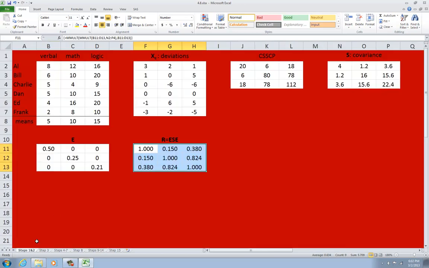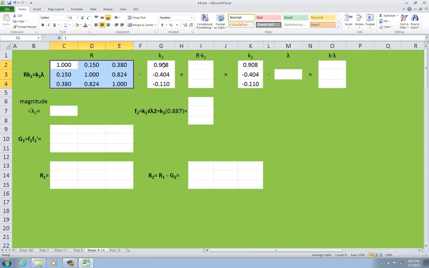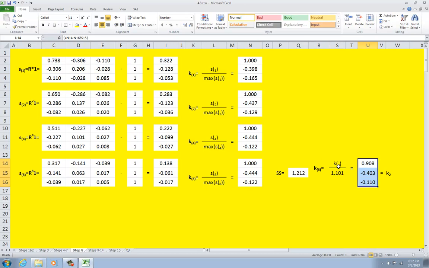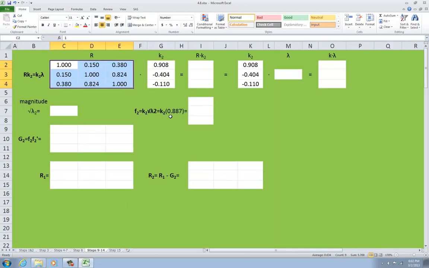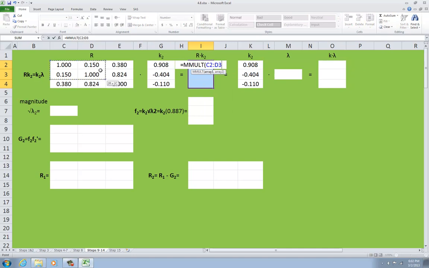But we have our R matrix here, which we got from step 2. And then our second true eigenvector of matrix R, which we got from step 8. And we're going to multiply these. And it turns out the eigenvalue, or the lambda, that we get here is 0.887.